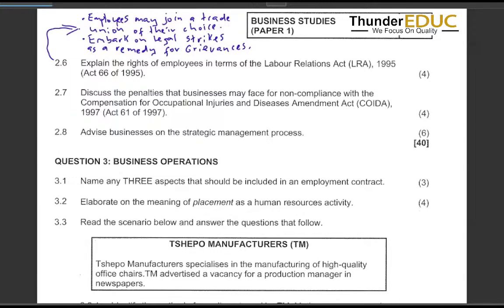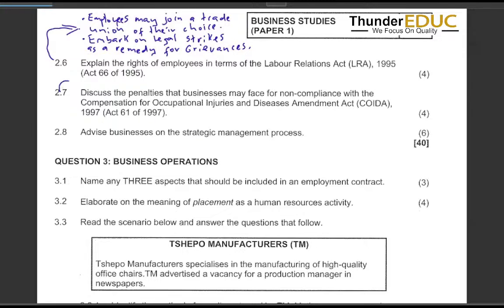So now let's check out the penalties. One of the penalties, businesses can be fined for actually refusing to lodge the claim, and also they may be forced to pay any recovery costs required by the compensation fund.